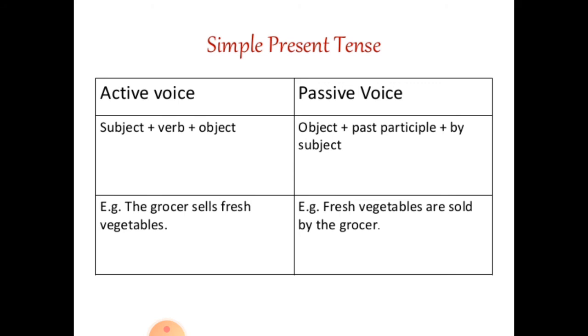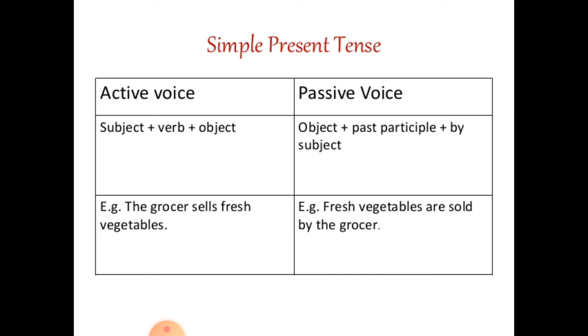Here are some of the rules for simple present tense. See how you have to change in simple present tense. Subject plus verb plus object, that is in the active voice, and in the passive voice, object plus past participle plus by subject. See, here we'll see the example so you'll come to know more clearly.